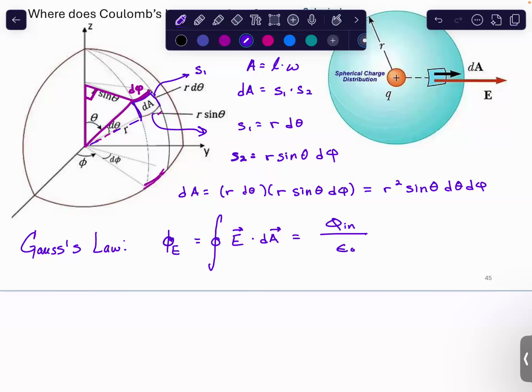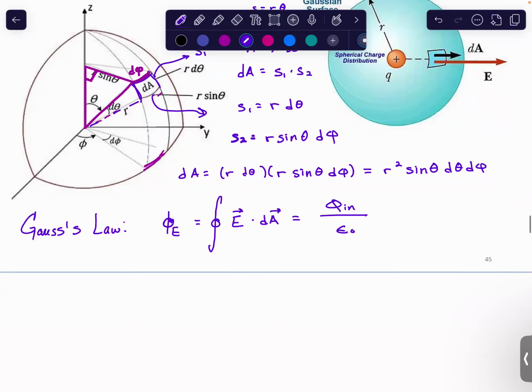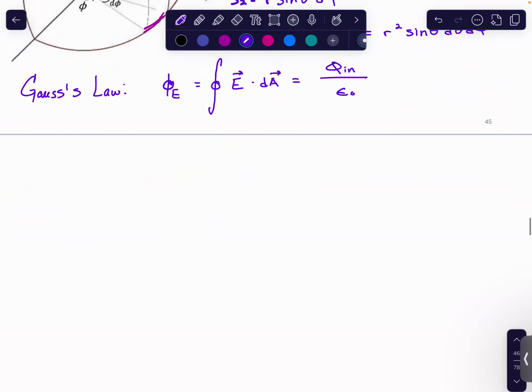Now, we have a couple things going on. We have a surface integral, which for a surface of a sphere is going to end up being a double integral, because we're going to have to integrate over theta and phi. And then we have a dot product inside. Remember we talked about the dot product? Actually, we didn't talk about that yet. So here's your first type of vector multiplication. This one you're actually going to want to remember.